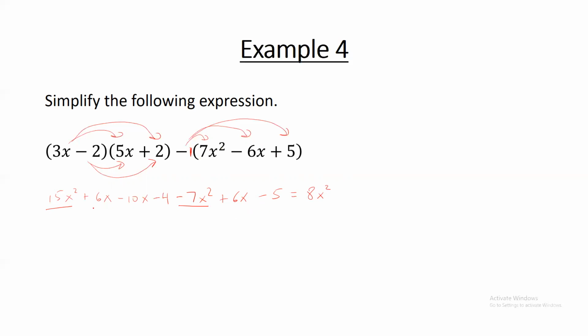For the x's, we have 6 minus 10, that makes it negative 4, and plus 6 brings us back to positive 2x. And our numbers, we have negative 4 and negative 5, that's negative 9. There we go, our final answer, 8x squared plus 2x minus 9.